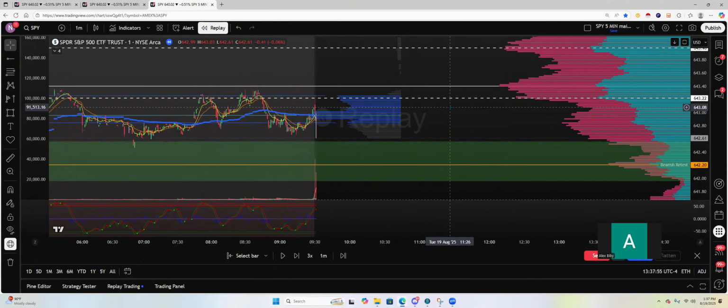I always like to wait until at least 5 minutes, preferably 15 minutes, so we can see how this volume profile is developing. And already off the bat, we can immediately see that it gets a rejection off of this virgin point of control and is heading straight to our bullish reversal zone, which is the bottom portion of the overarching long-term high volume node.